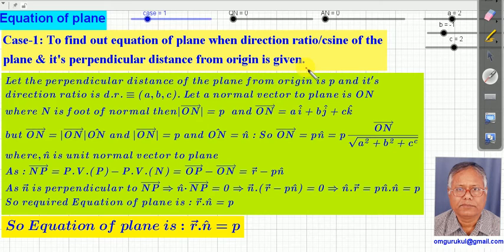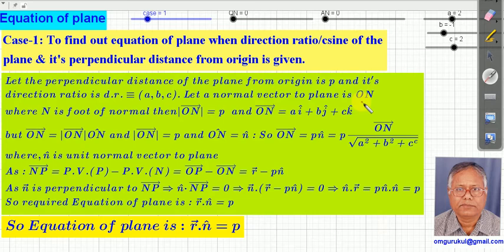Now, to derive this, let us take a plane whose direction ratio is A, B, C and the perpendicular distance from the origin is P, right?